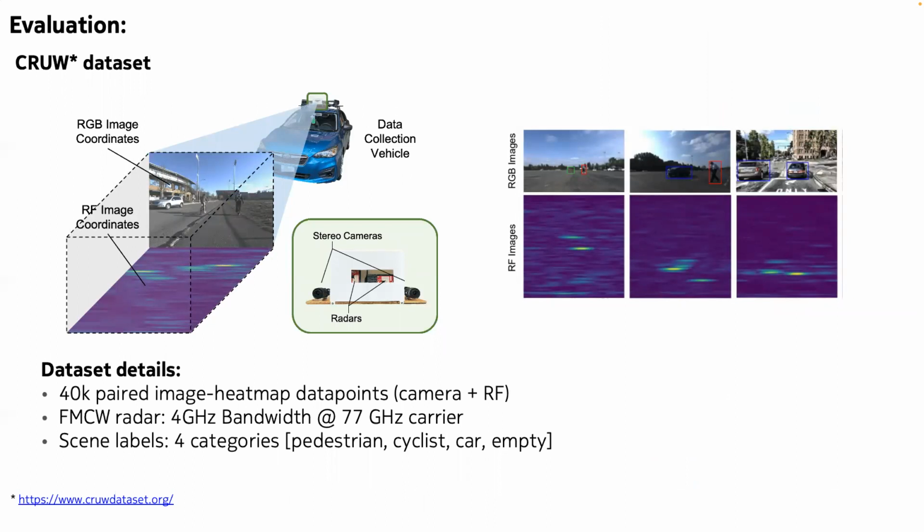It has about 30 to 40K paired camera heat map data points. It uses FMCW radar in the 77 gigahertz automotive band. It supplies us with 4 scene labels: pedestrian, cyclist, car, and empty. These labels map naturally to many of the envisioned use cases for 6G, for instance, safety applications.